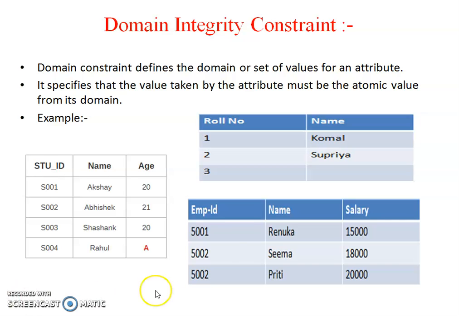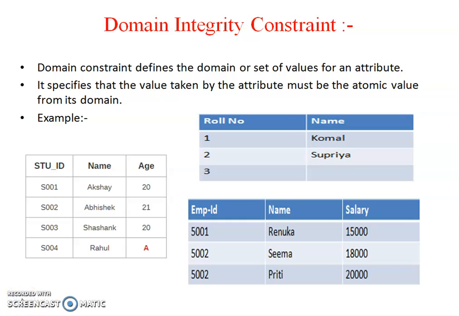See in this example, employee ID, name and salary. We can set a unique constraint for the employee ID column in the employee table. Each employee should have a different employee ID, which means this column cannot have duplicate values. In this example, it is not allowed because employee ID has a unique constraint.